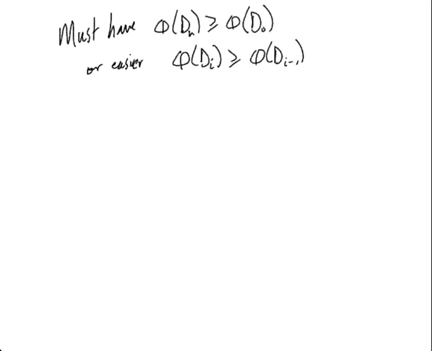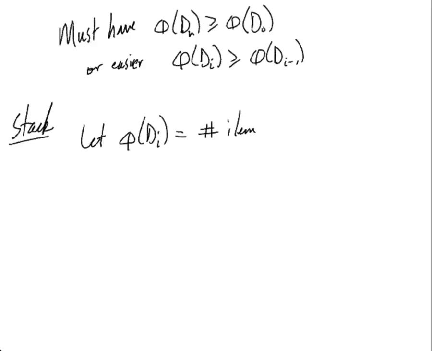Okay, now let's do this. Let's show this using our stack. And we're going to let the potential function be the number of items in the stack. So very simple.